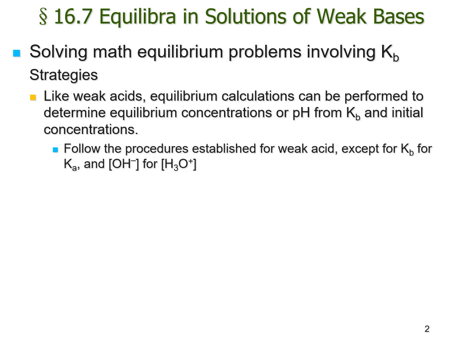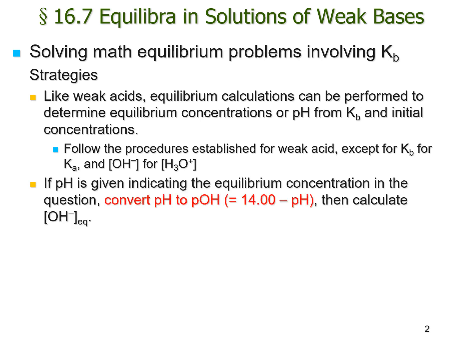So here is the exception. We're going to use Kb for Ka, we use OH minus for hydronium. Remember, we talk about a base, right? So OH minus must be the product, not H3O plus anymore. If pH is given indicating the equilibrium concentration in the question, we need to convert the pH to the pOH so that we know the equilibrium concentration of OH minus.